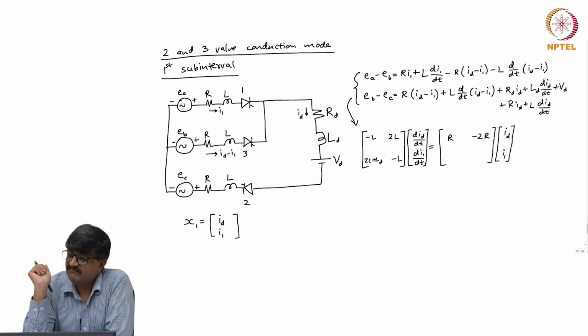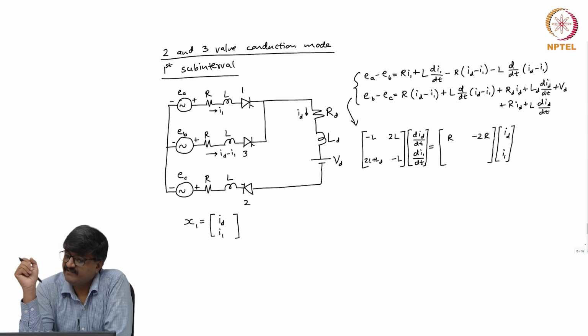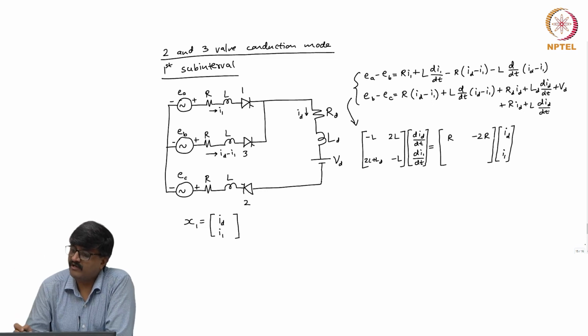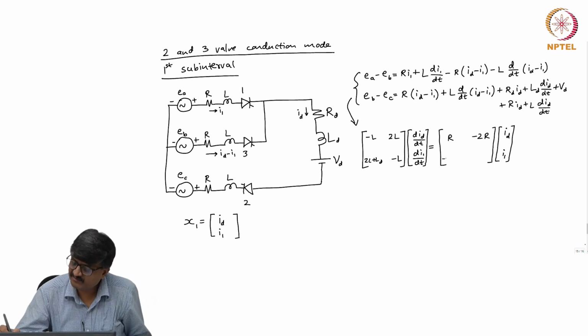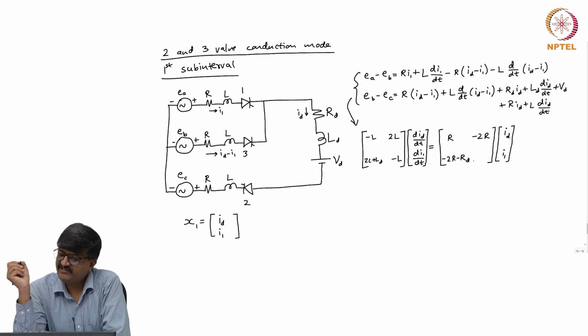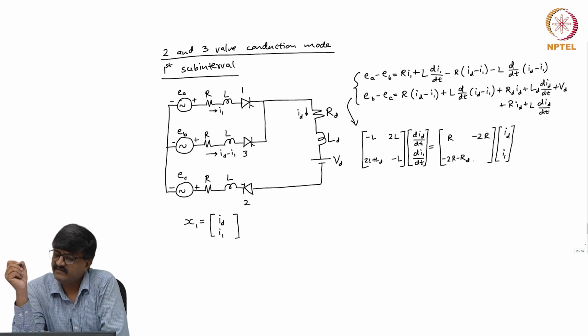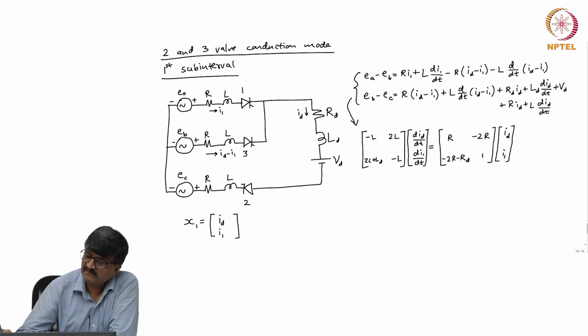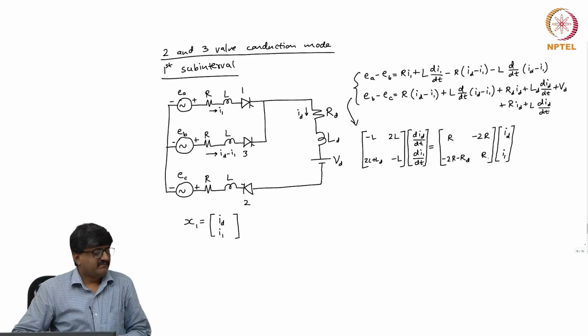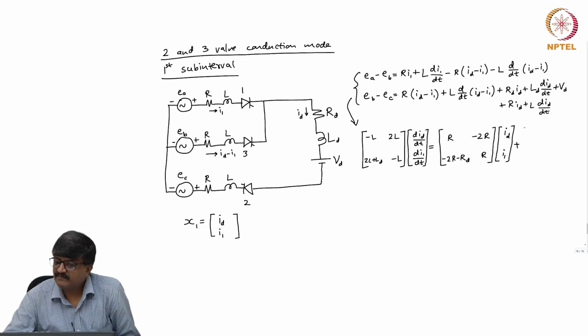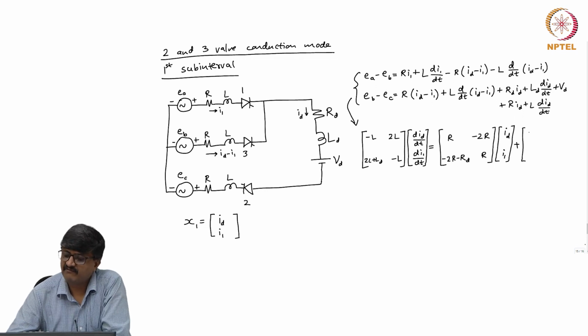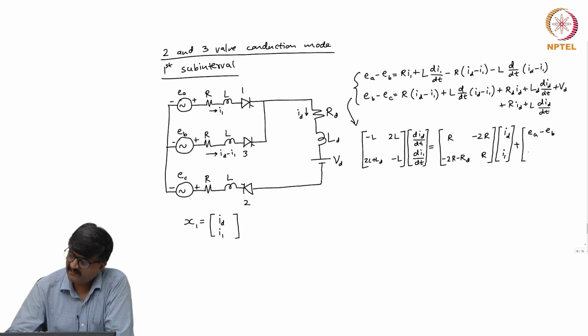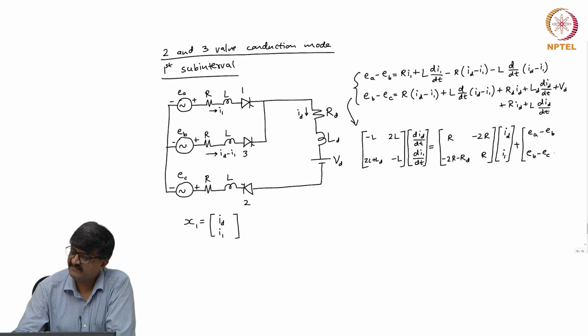In the second equation, the coefficient of ID is minus 2R minus RD, and the coefficient of I1 is R. Then there are other terms in both equations: in the first equation I have EA minus EB, and in the second equation I have EB minus EC minus VD.